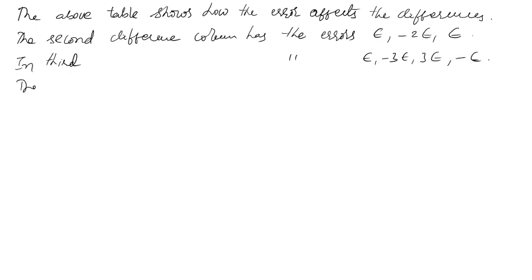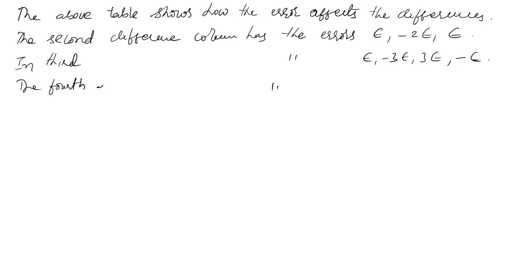And the fourth difference column, what errors does it have? The fourth difference column is not sufficient to show all the expected errors. What are the errors actually? Previous table also, minus 4 epsilon, you write like this.